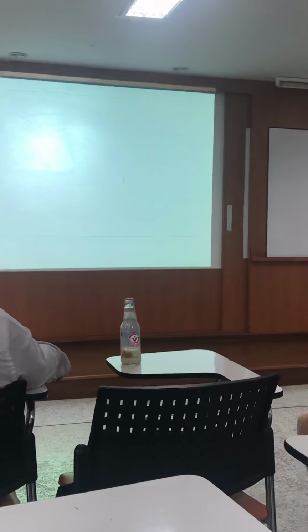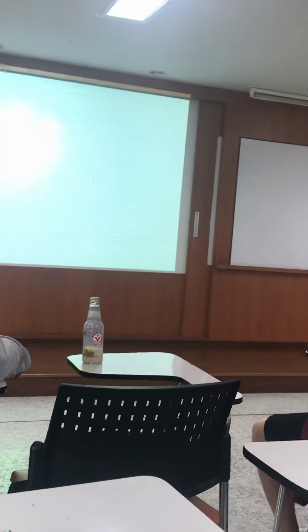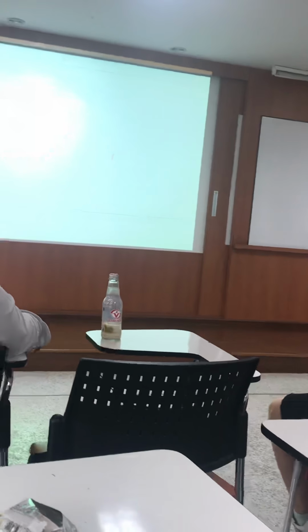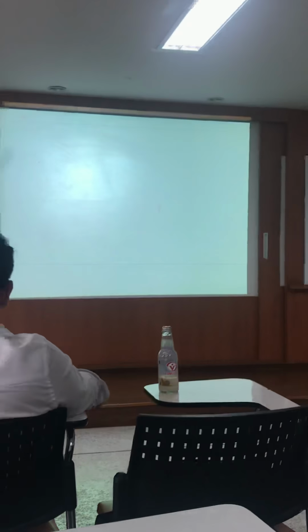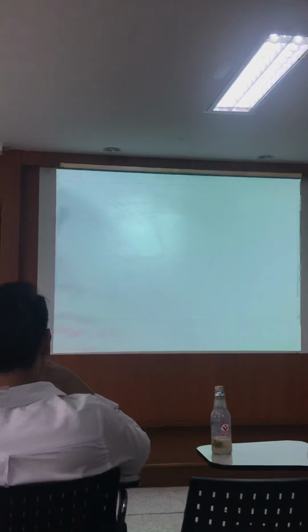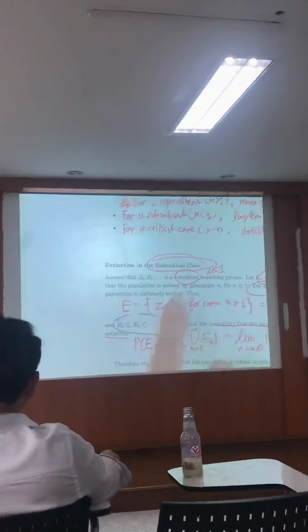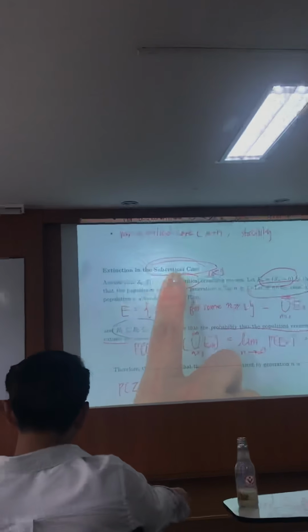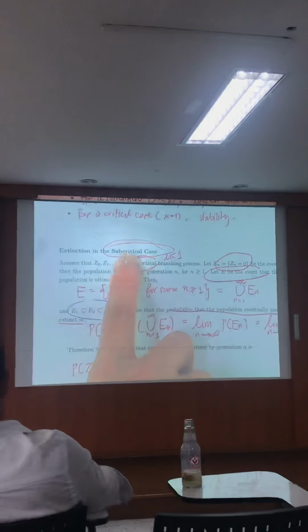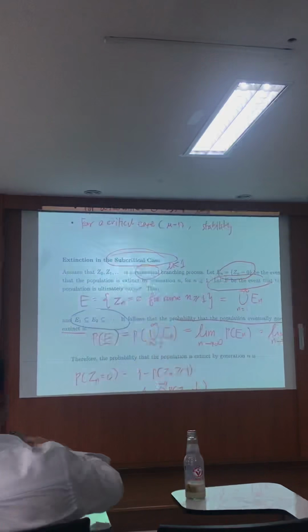For the variance, where is it? Oh, before we look at the variance, we look at this first. I exclude one special case, which is the subcritical case when mu is less than 1, right?